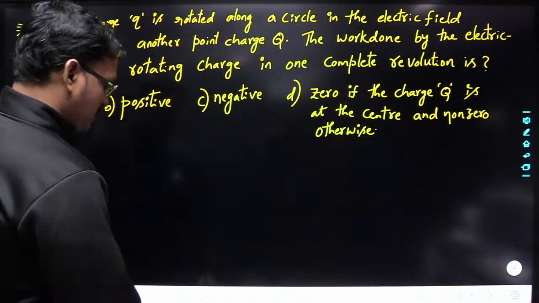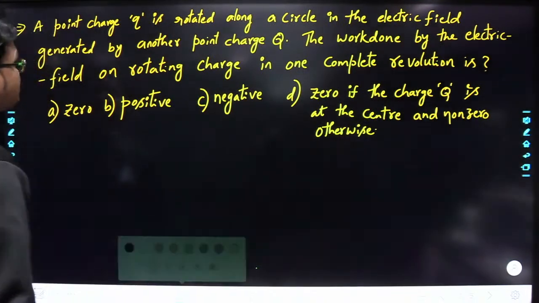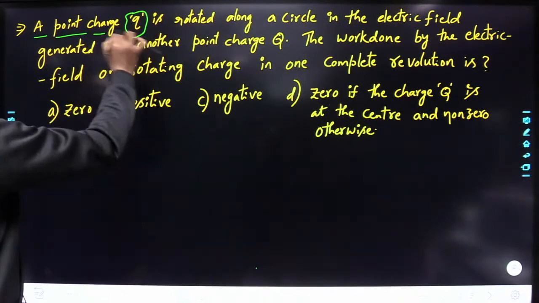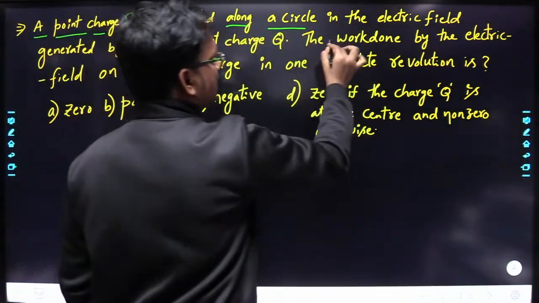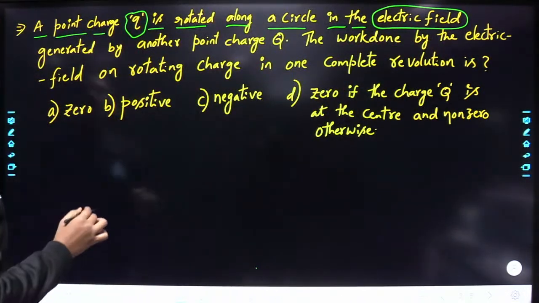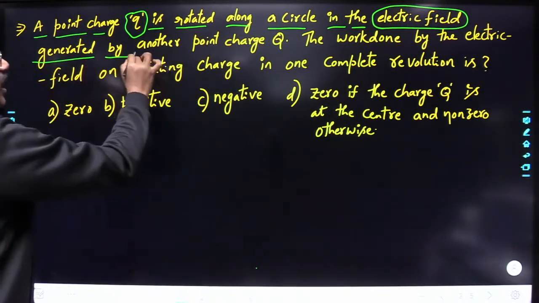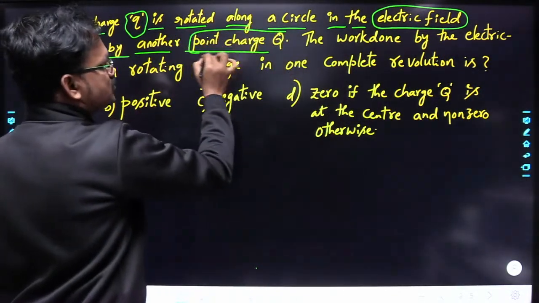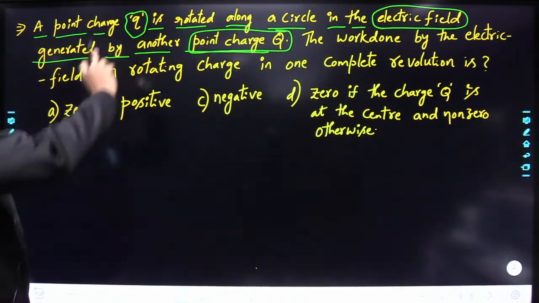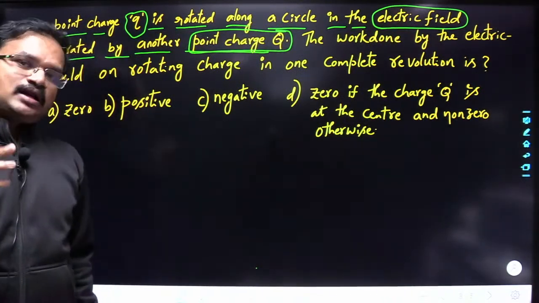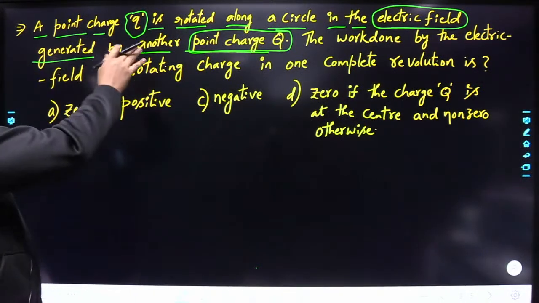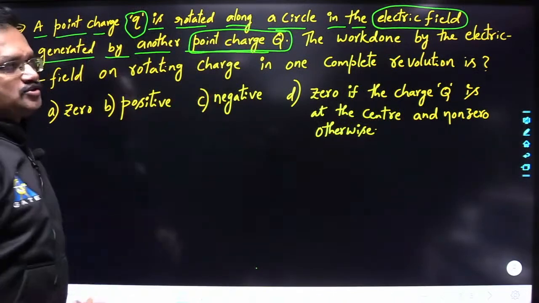See here, I have given that a point charge small q is rotated along a circle in the electric field generated by another point charge capital Q. Understood?